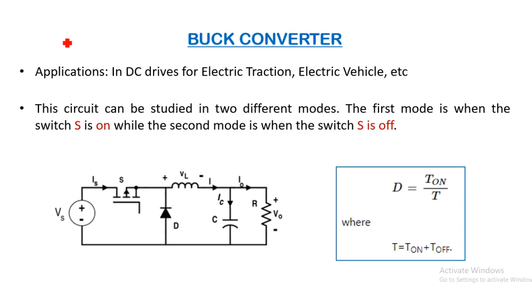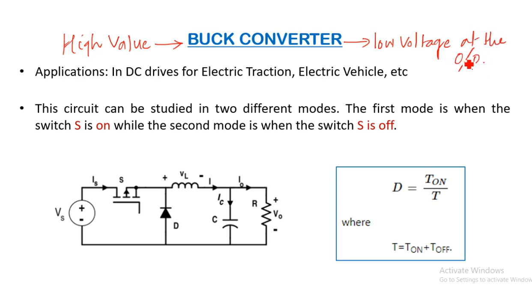So a buck converter is used whenever we have a high value of voltage at the input. We use a buck converter to lower it down, so we get a lower voltage at the output.